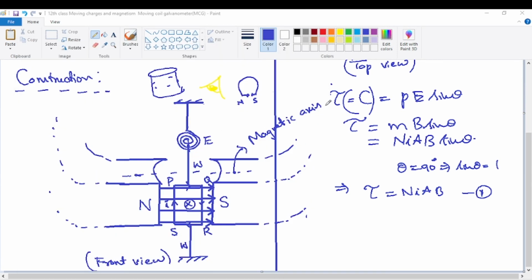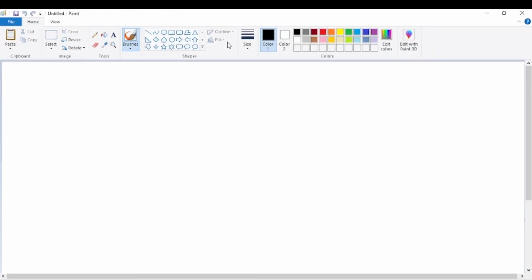So I'm taking another page, called the paint page, because the Windows Paint app is used here.